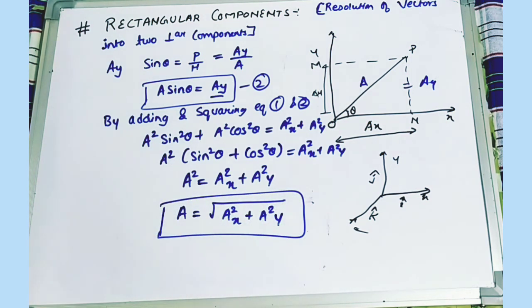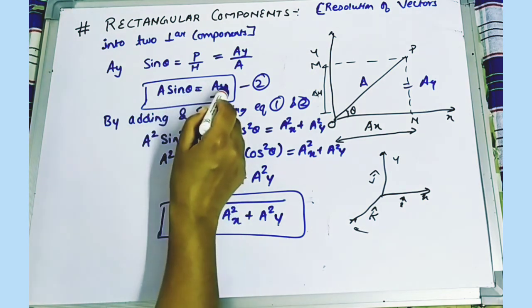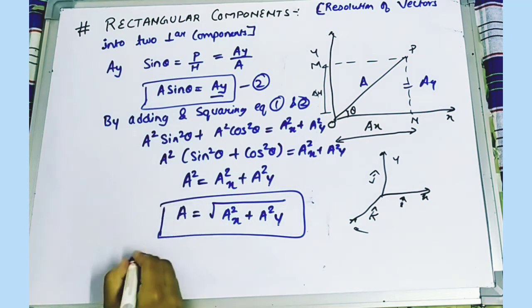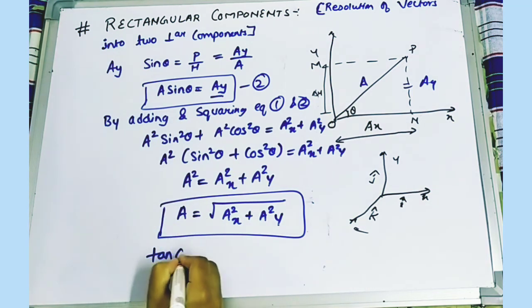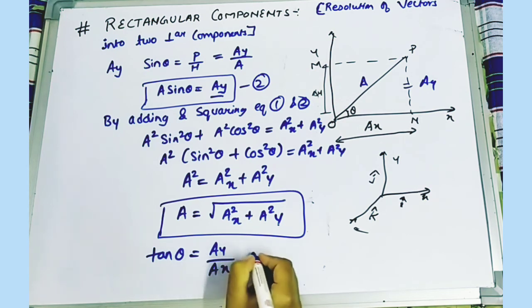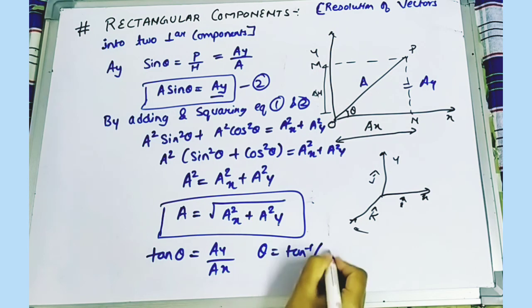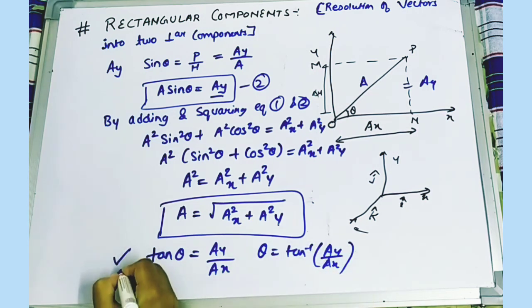If we need to find its direction, we divide equation 2 by equation 1. We find that tan theta is equal to AY upon AX, so theta is equal to tan inverse of AY upon AX. So this gives its direction and this gives its magnitude.